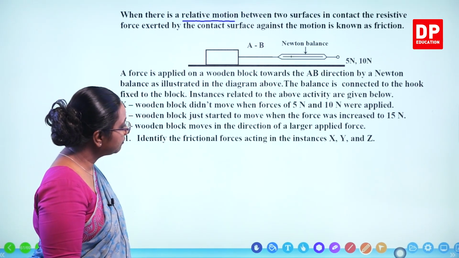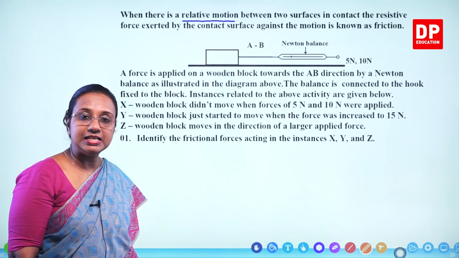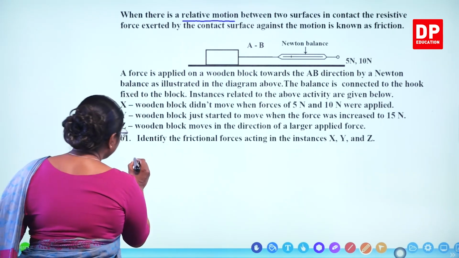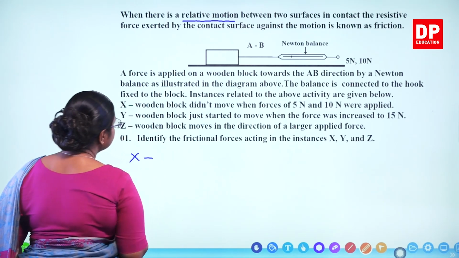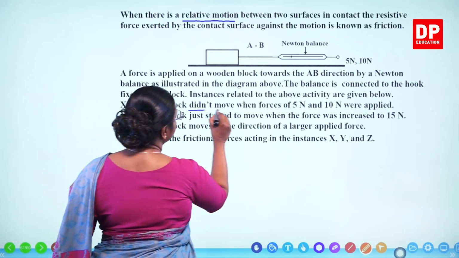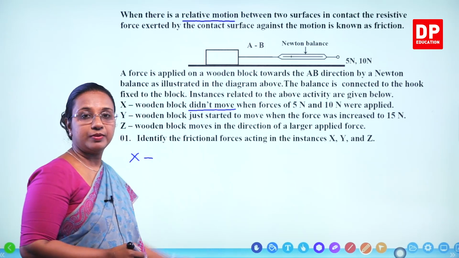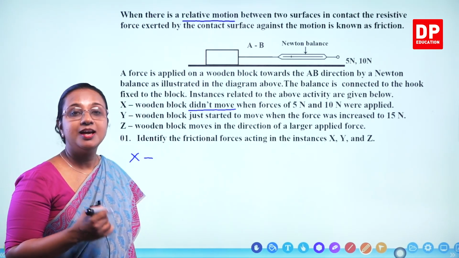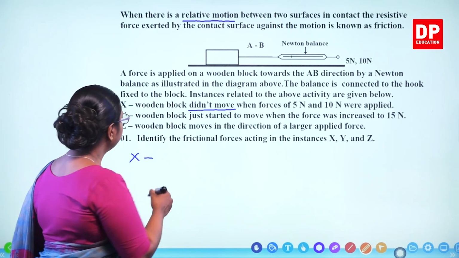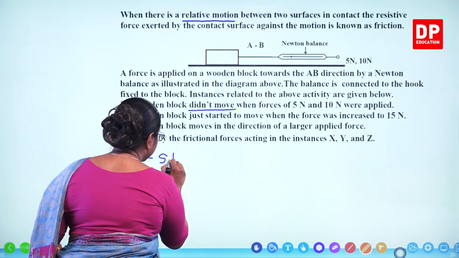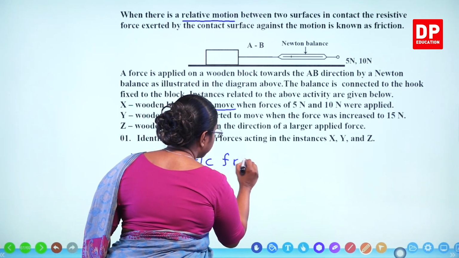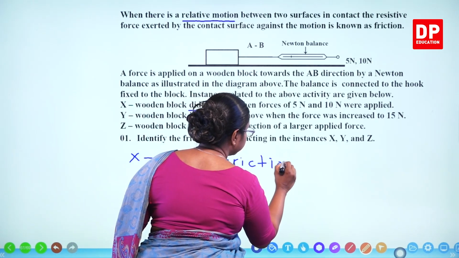Identify the frictional forces acting in the instances X, Y and Z. I'm sure you would have already answered this. X is when the block is not moving with the two forces. What is that friction? Static frictional force, or static friction.